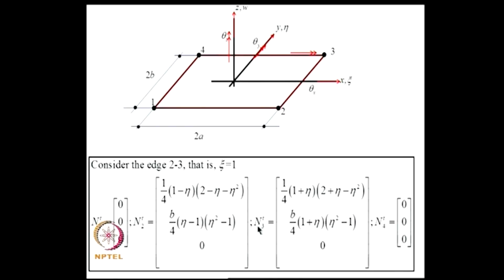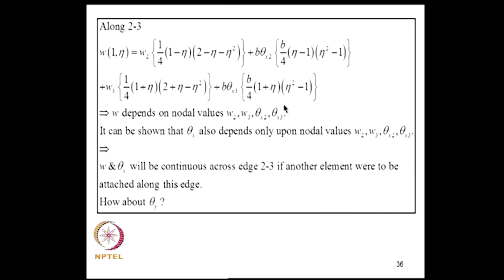Now, using that, for W along this edge I can write the expression with W2 into this, theta x2 into this, W3 and theta x3 into this, and I get this function. Based on this you can see that W depends on nodal values of W2, W3 and theta x2 and theta x3.